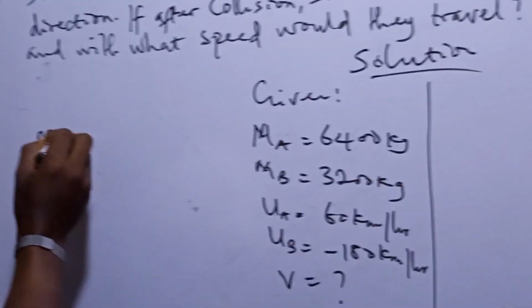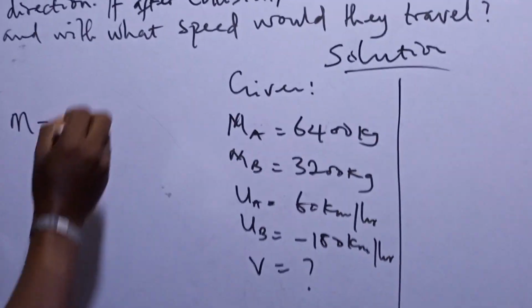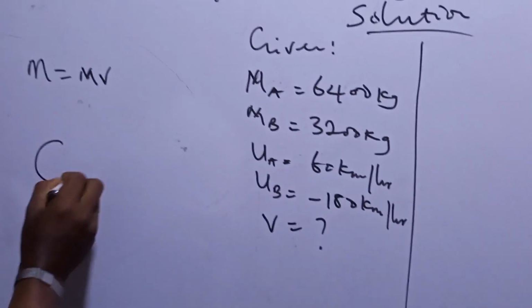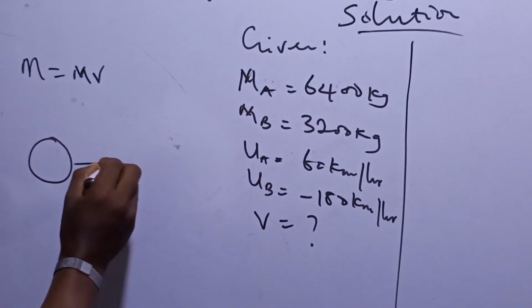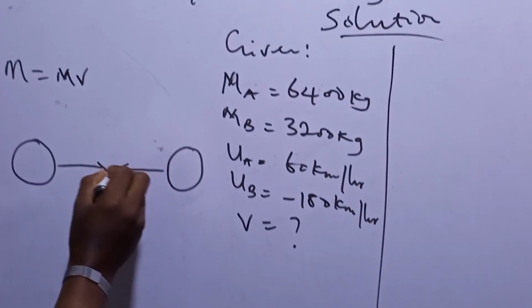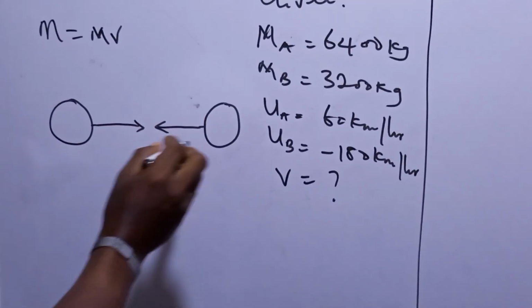Now we have that momentum is a product of mass and velocity. And let's have the diagram of the car. Remember, this was coming this way.